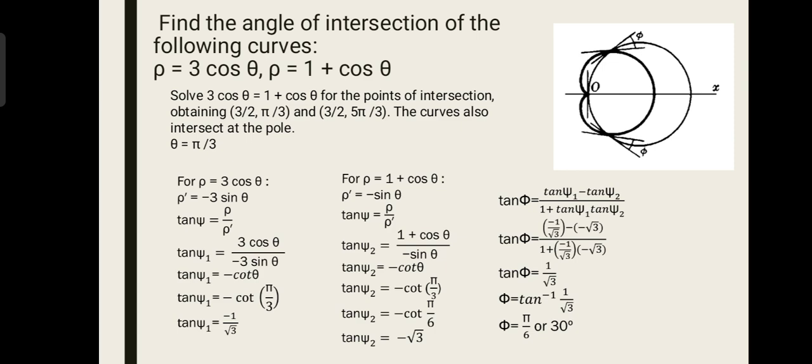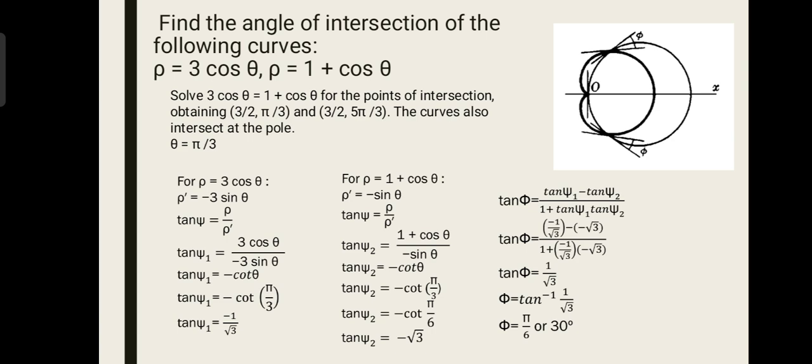So we'll substitute the value of θ: −cot(π/3 / 2) = −cot(π/6). So tan ψ2 = −√3.